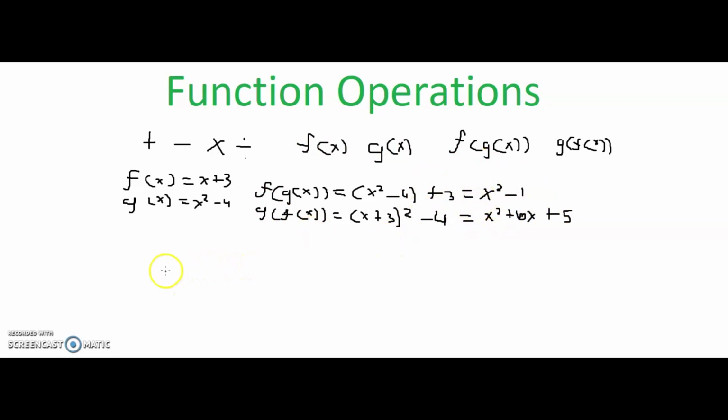So I'm going to work through kind of what a typical example would be. I believe this is Algebra 2. It might be pre-calculus, but for this set of problems, I'm going to find f plus g, f minus g, f times g, f divided by g, and also composition.